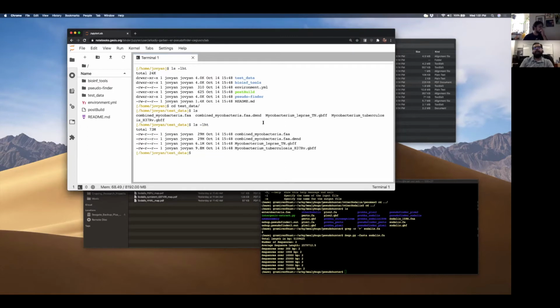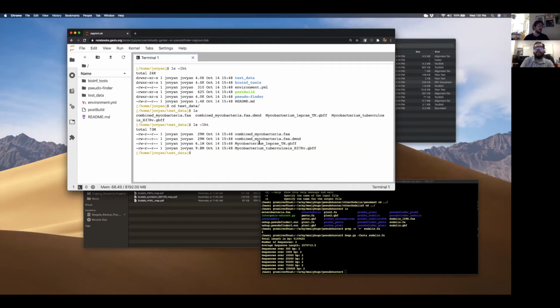So the test data consists of two genomes and a reference database. For a good reference database, I would recommend RefSeq, but Binder has limits, and we have a time limit here, so I don't want to spend too much time.